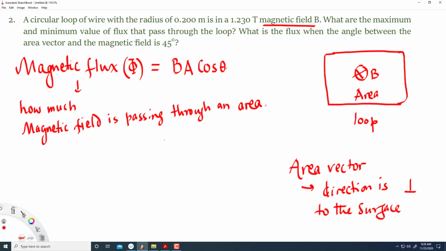So when B is perpendicular to the area, flux is 0. So flux depends on how you orient the loop. If you orient like this, there's maximum flux. If you orient like this, there is 0 flux.